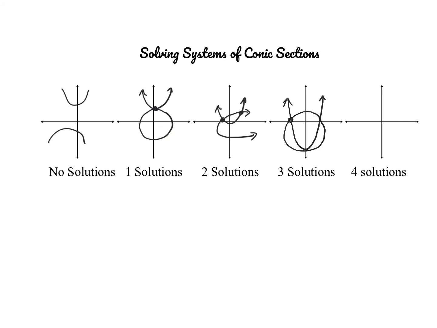So you could have 1, 2, 3 points of intersection, or you could even have 4. So let's consider again a circle like this and maybe a parabola that looks like this. So it is very possible to have 4 points of intersection.